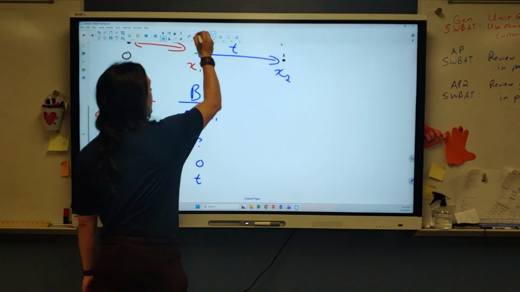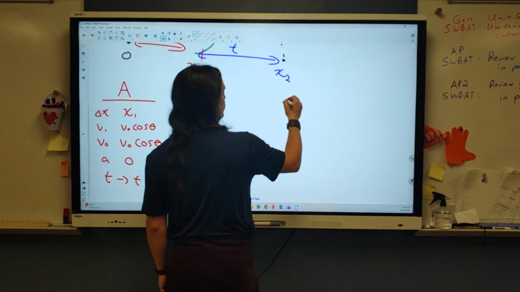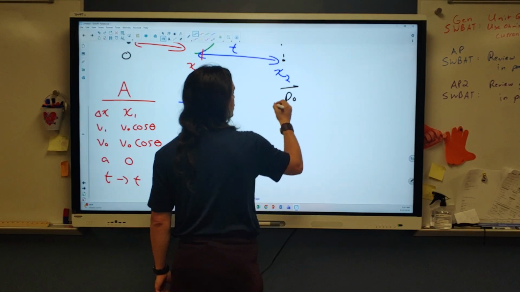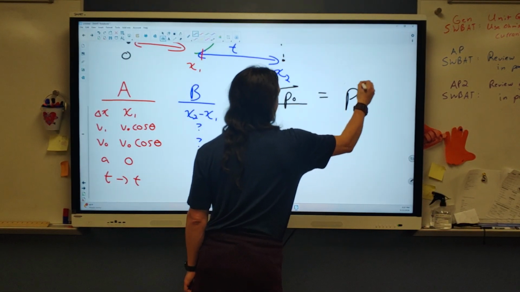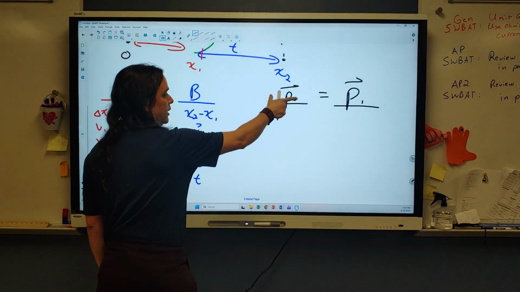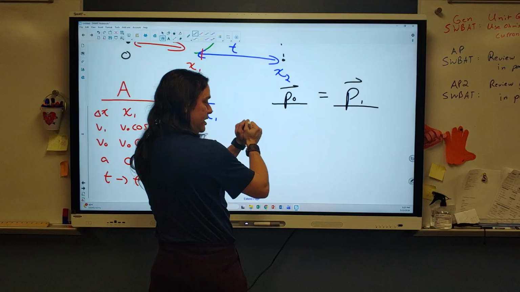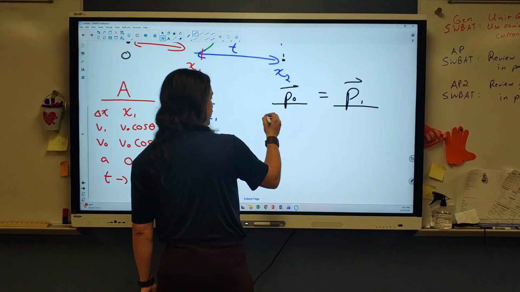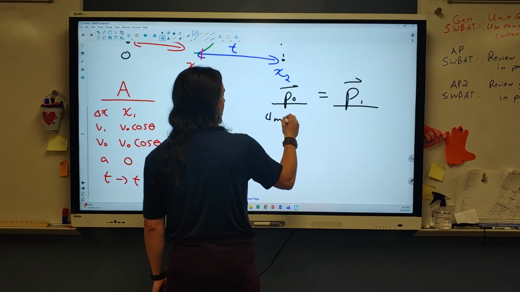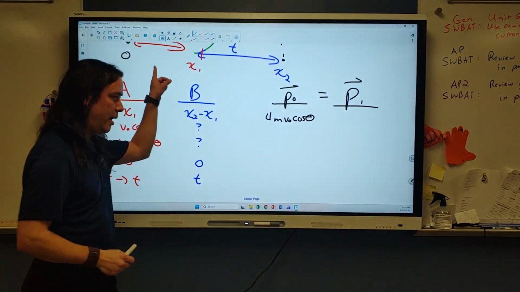But I need to know how fast this piece, the big heavy one, is going after the collision. And for me, that's where I began my derivation, because I knew in the explosion that I would have to apply conservation of momentum. So here, I'm going to start by writing a fundamental principle of physics, which is conservation of momentum. My initial momentum of my system is going to be equal to my final momentum, both before and immediately after the explosion. I have the following: 4m v0 cosine theta, for the reasons that we described before.